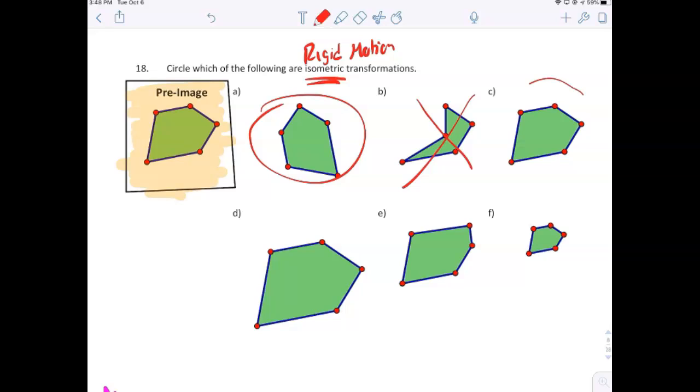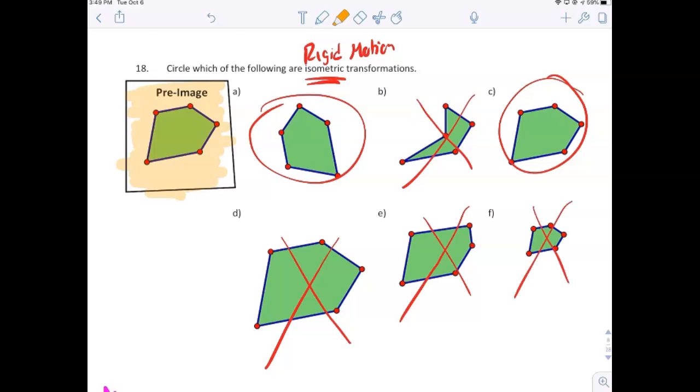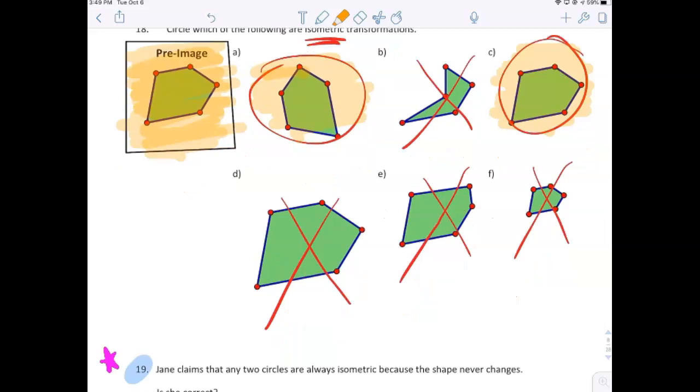This one looks identical. It was just translated. This one got clearly bigger. This almost looks the same, but if you look closely, it's not the same size. It's not the same shape. And that definitely got smaller. So the only 2 that were actually rigid motions that you could cut out with scissors and put right on top of the other one, would be A and C.